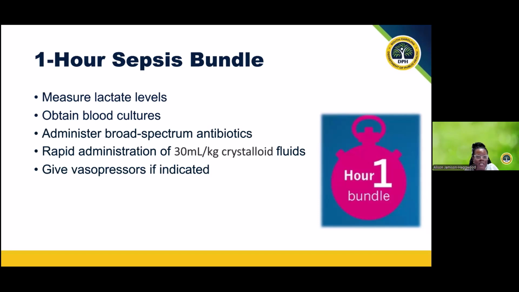It's ideally done within the first hour of recognizing that a person may be septic. And the goal is to initiate treatment as quickly as possible to improve patient outcomes and reduce mortality, because we know things will happen quickly. So you want to ensure we're on top of things and getting those patients treated immediately.